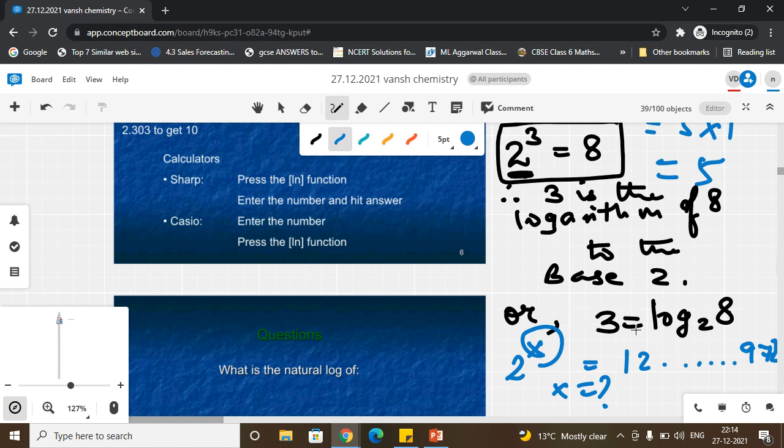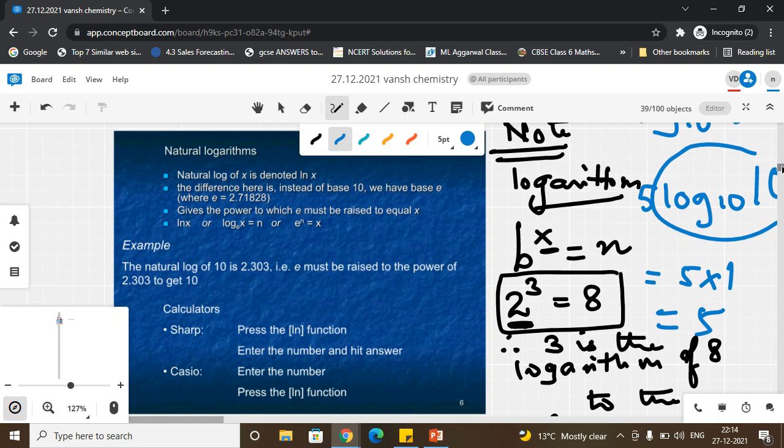Whatever the power x is, that will be log base 2 of the given number. In log we have a table which is already made. That log table will be provided, or they will give you the value of that log. So you just have to substitute that value here and you will get your answer. So what does log do? It simplifies our work when the calculations or the number of digits are very, very high. Clear?